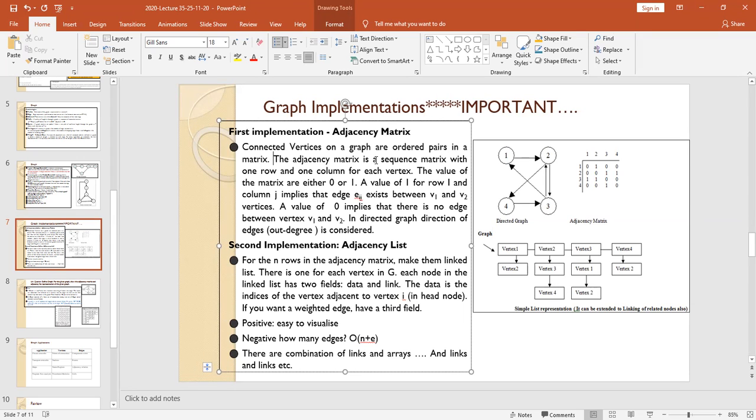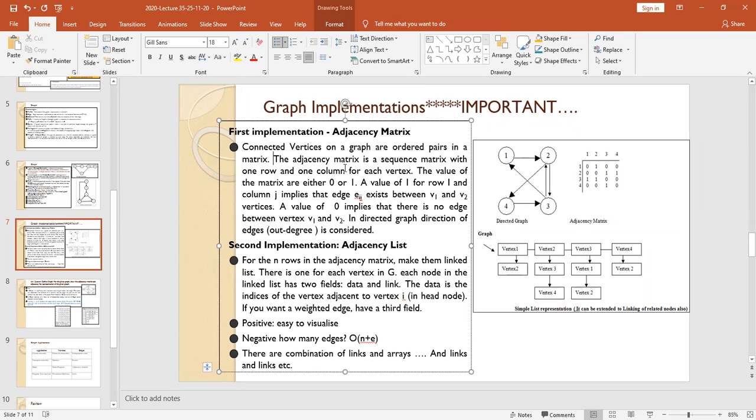It is a sequence: 1 to 1, 1 to 2, 1 to 3, 1 to 4. Similarly, 2 to 1, 2 to 2, 2 to 3, and 2 to 4. Similarly, 3 to 1, 3 to 2, 3 to 3, and 3 to 4.